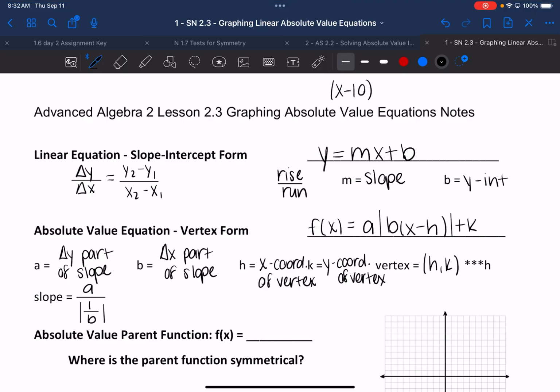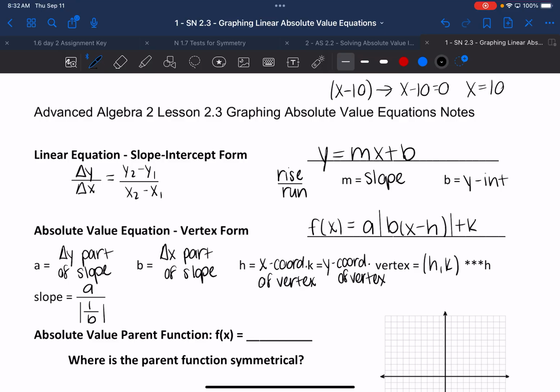If I wanted to figure out what the value of x actually was, I would set x minus 10 equal to 0, add the 10, and then I would get x equals 10, right? So just keep that in mind. Whatever is inside the parenthesis here in the equation, when I would go put it in here, if this was a negative 3, I'd put a positive 3 here, right? Okay.